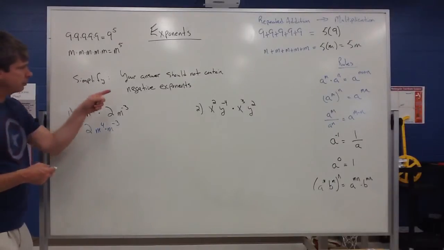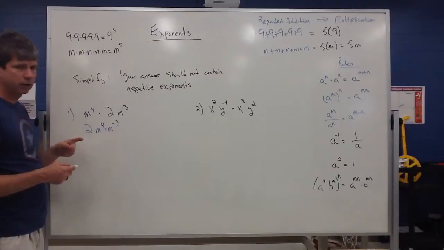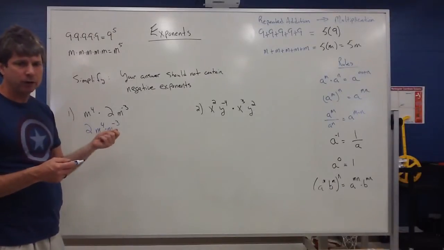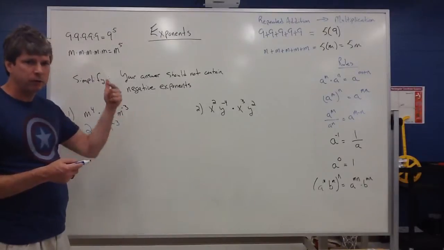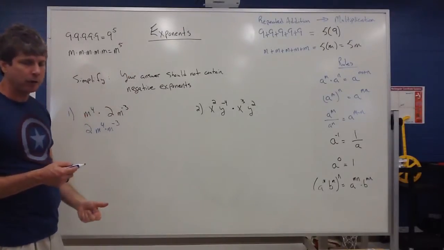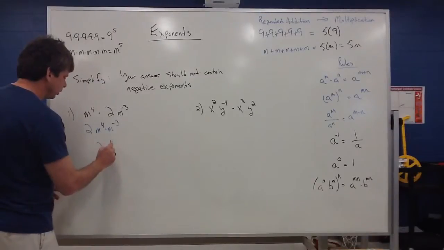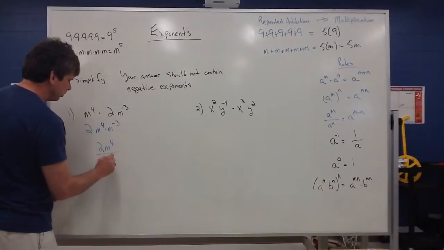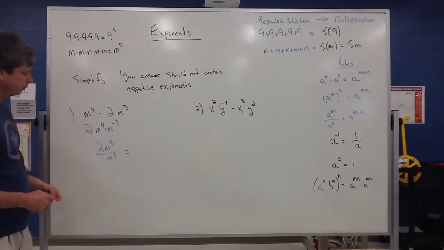The next thing it says, your answers should not contain negative exponents. So notice how the m to the negative third, that m is raised to the negative 3 there. So to get rid of that negative exponent, what I want to do is move that to the denominator. I'm going to make a fraction out of this. So this is going to change to 2m to the fourth over m to the third power. Now I want to simplify this.